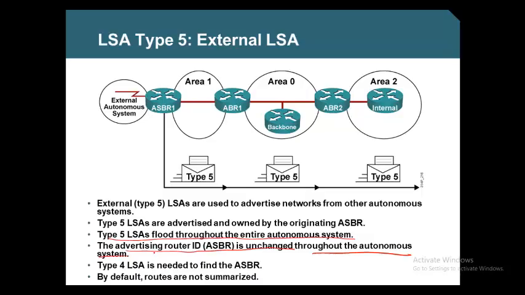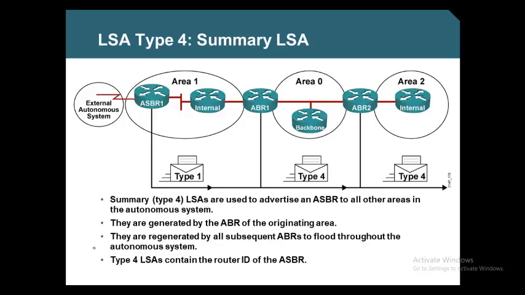That is what summary LSA type 4 gives. Now let us go to summary LSA. What is summary LSA? Summary LSA is an LSA that gives the router ID of the ASBR.